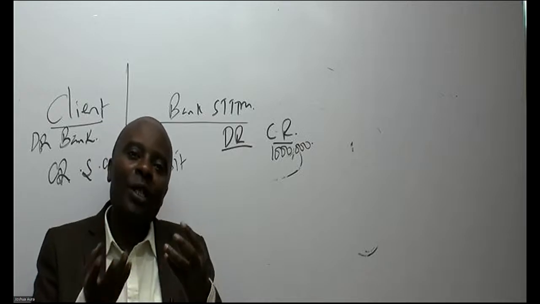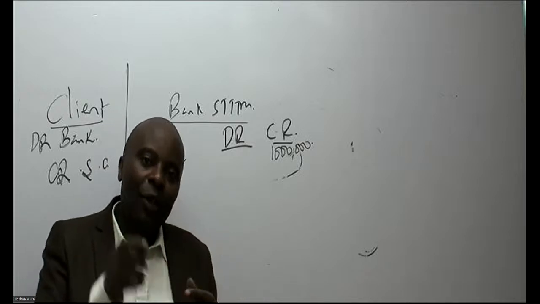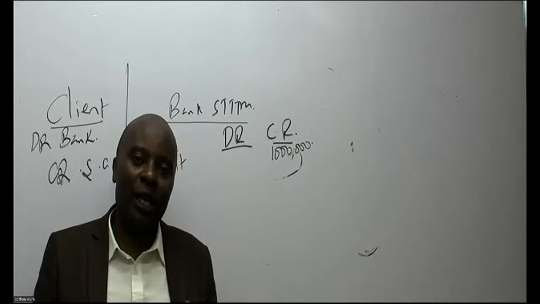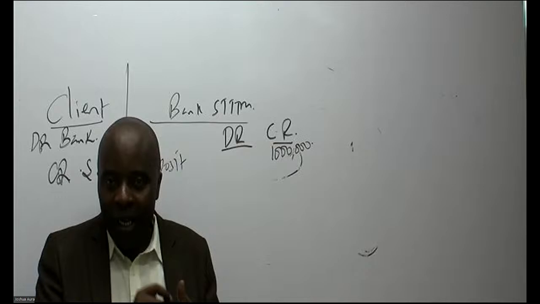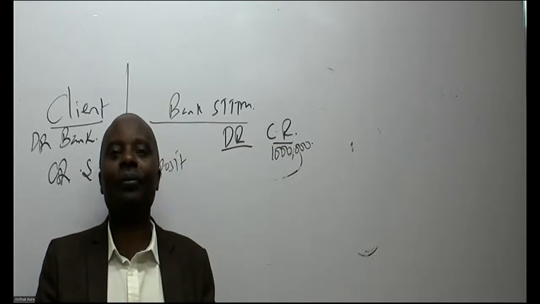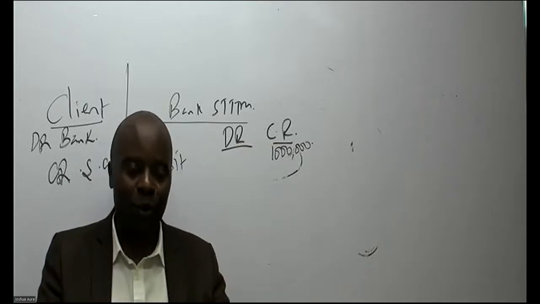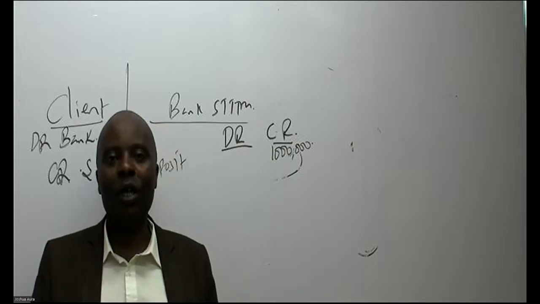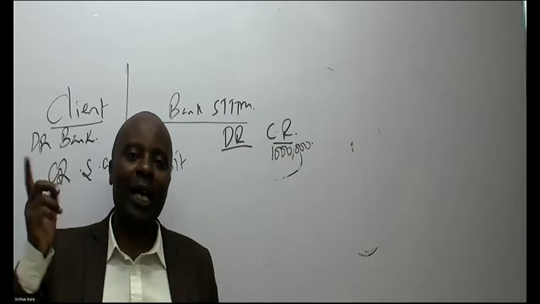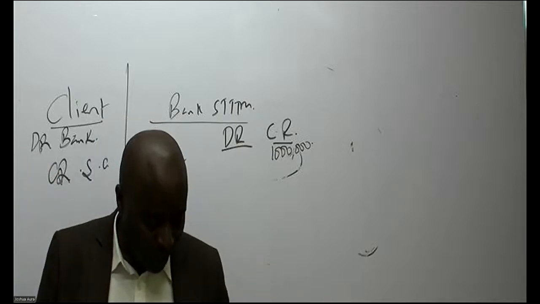So you see, when you received this check yourself, what do you do as an accountant in that company? You must have added that amount in your cash book. You received a check, what do you do? You go to your cash book, you debit your cash book, you credit that particular customer's account. So you have already recorded this amount.